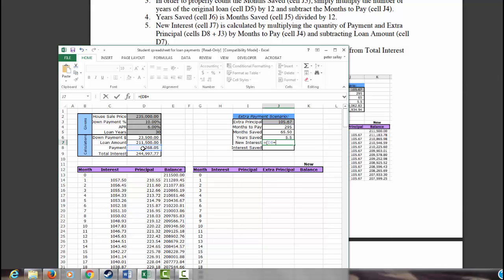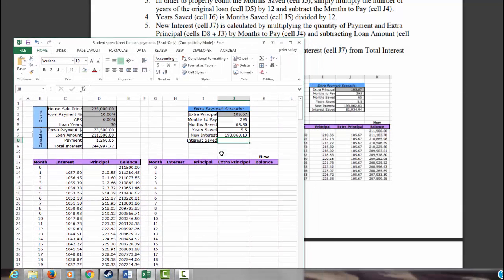So D8 plus J3, which is our extra payment. And I want by the months to pay, so times months to pay, and subtracting the original loan amount, which is D7. All right, so the new interest is that.